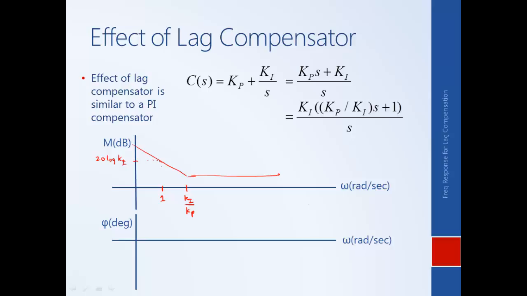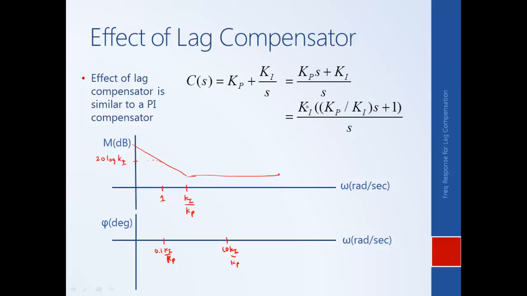Looking at the phase, we'll have a break 1 decade before the 0, hypothetically, and then it stops 1 decade after. At low frequencies, the 0 has a phase of 0 degrees.